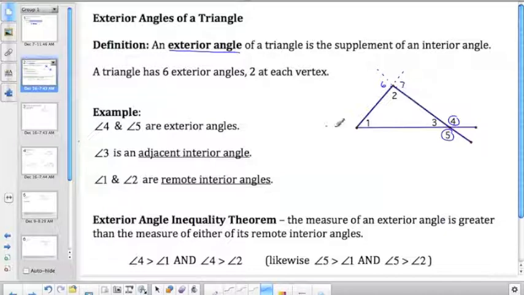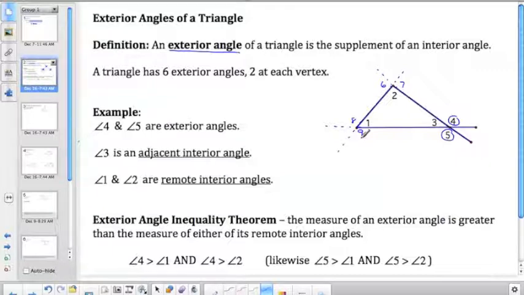And then there'd be another 2 exterior angles over here, we'll say 8 and 9, because each of those are supplementary to angle 1. So that's basically what an exterior angle is. So it's outside the triangle and supplementary to one of the interior angles.